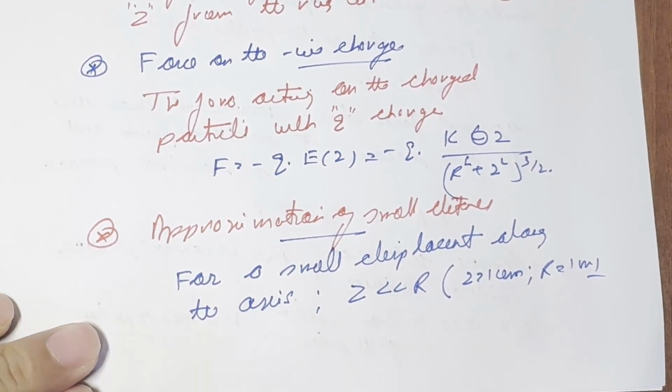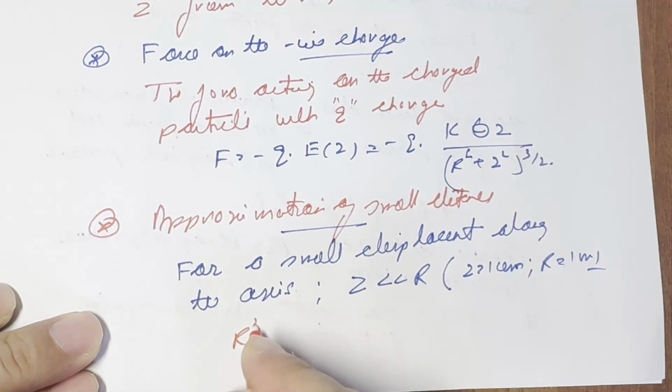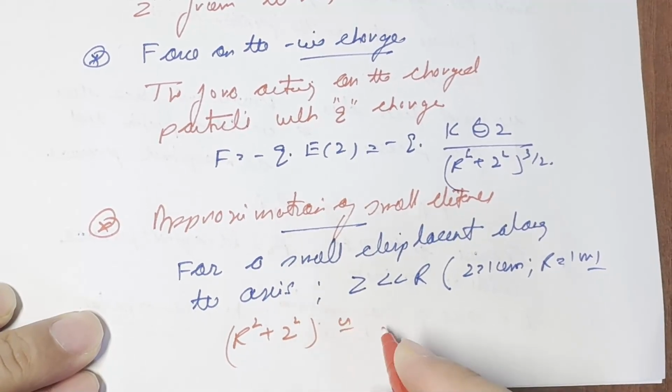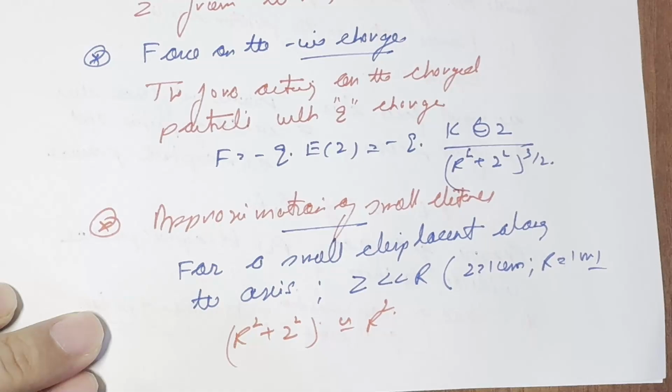Therefore, the denominator R^2 + z^2 can be approximately equal to R^2.